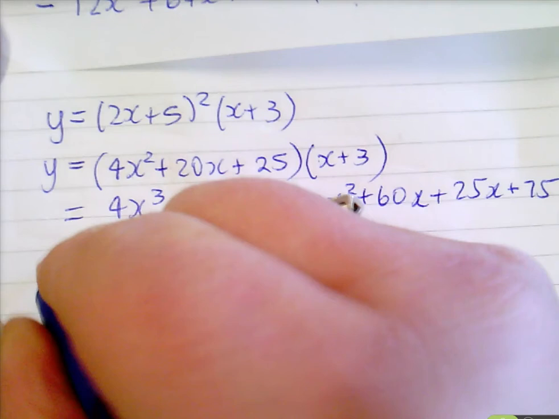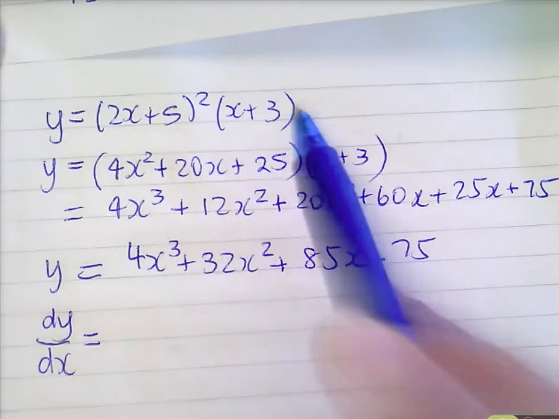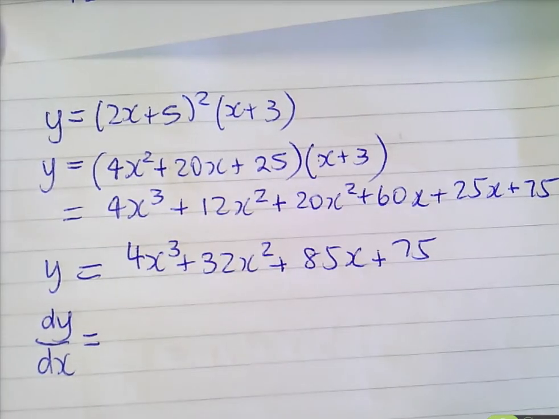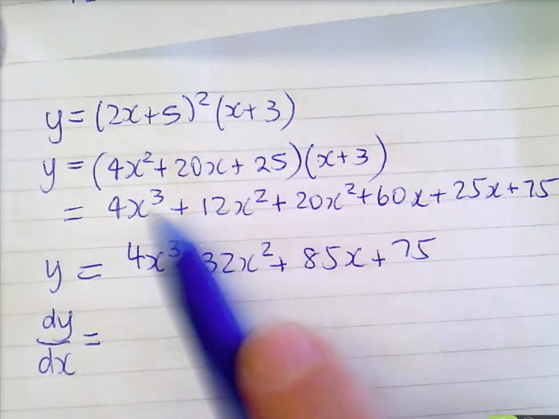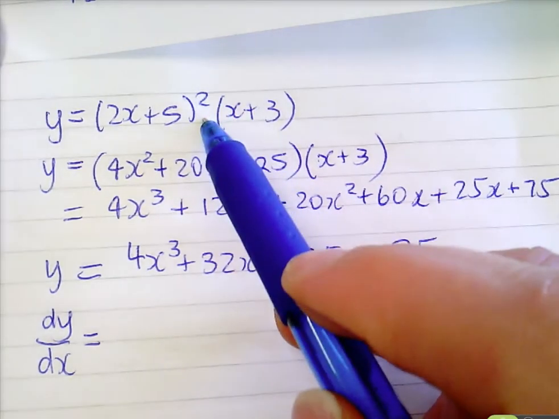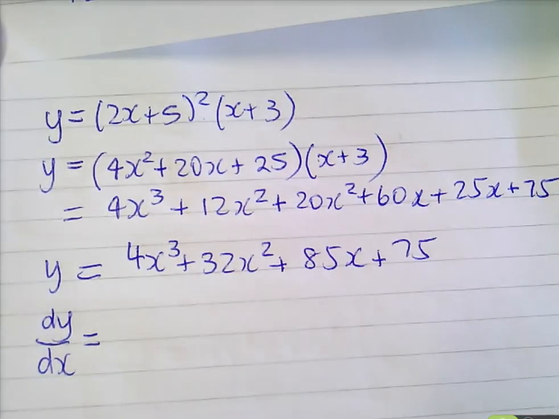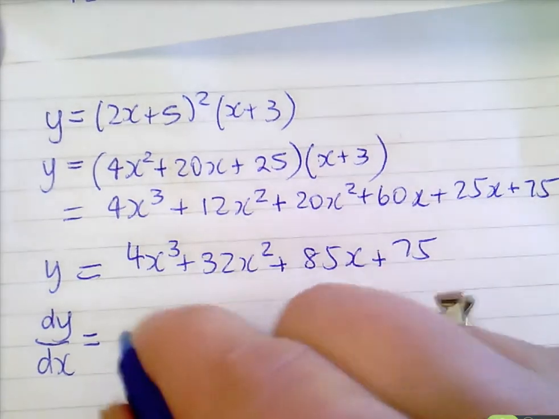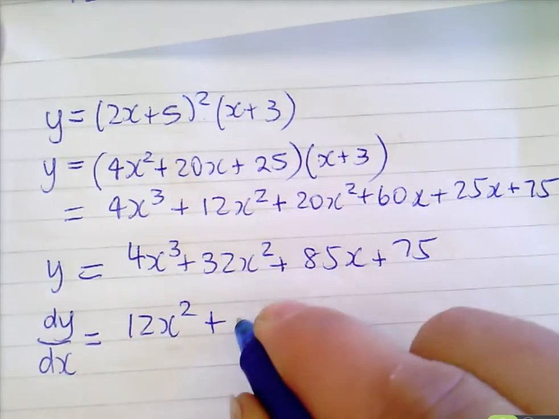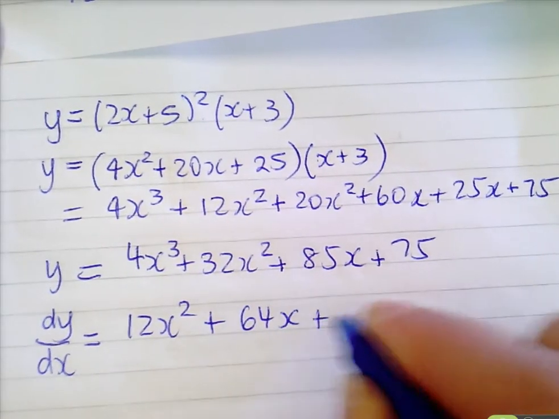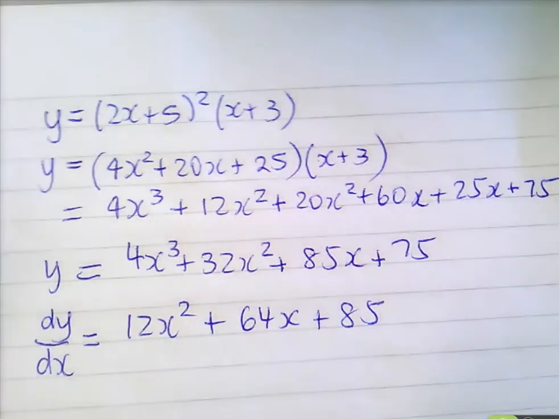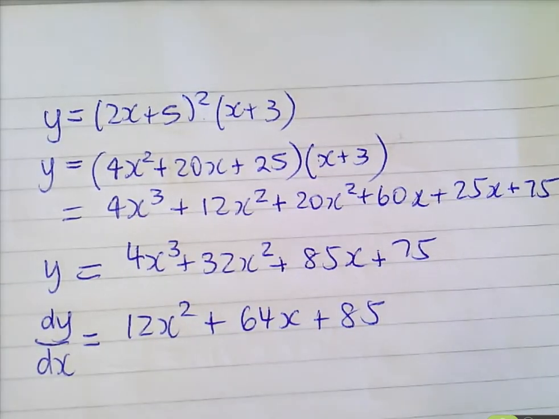So dy dx is, this is before you learnt the product rule, this is what you would have done. You would have expanded. Imagine if that's cube or power of 4. You'd be there forever. But 12x squared plus 64x plus 85. Let's see our answer from the other part.